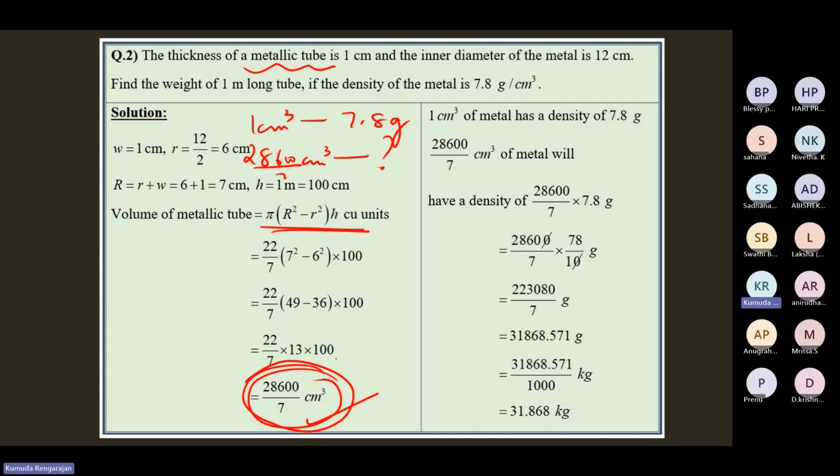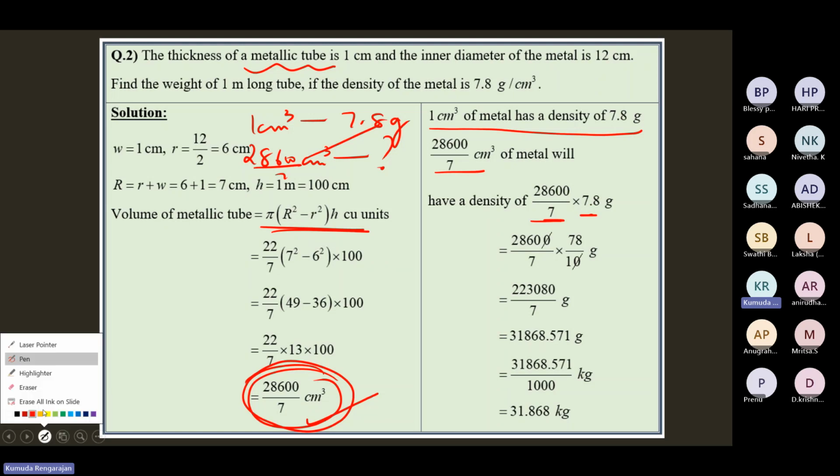How many grams will that have? We should multiply this into this. 1 centimeter cube is 7.8 grams, so that many centimeter cube will be that into 7.8. So now shift the decimal point. 7.8, no, make it 78 by 10. We are not converting.